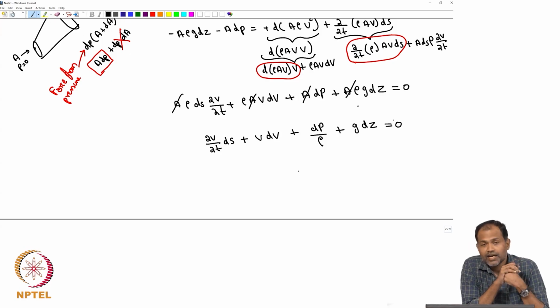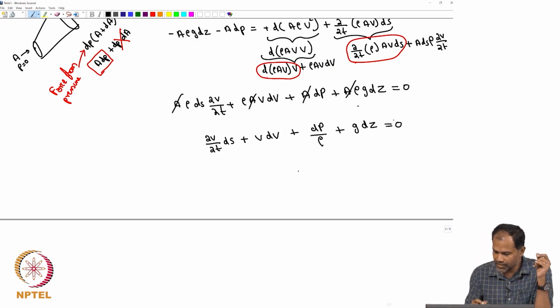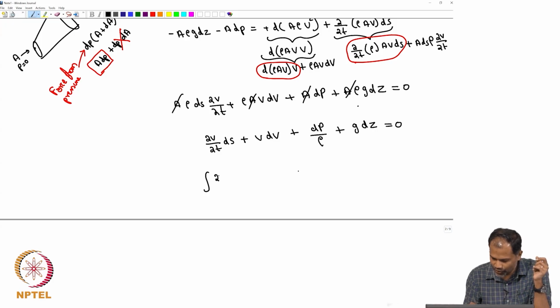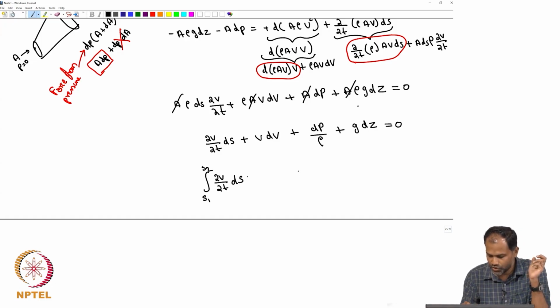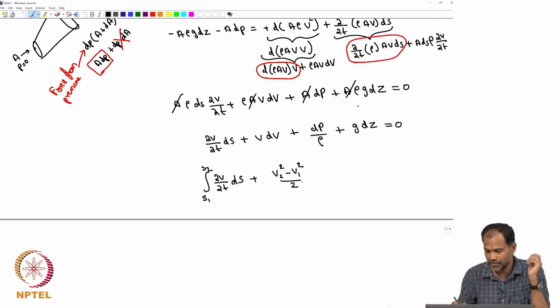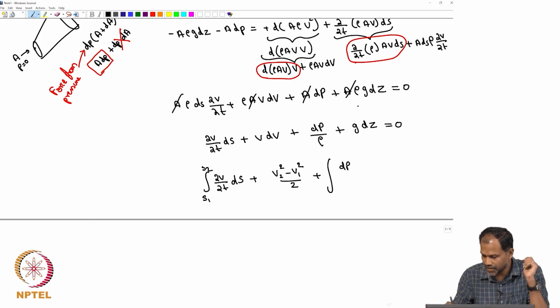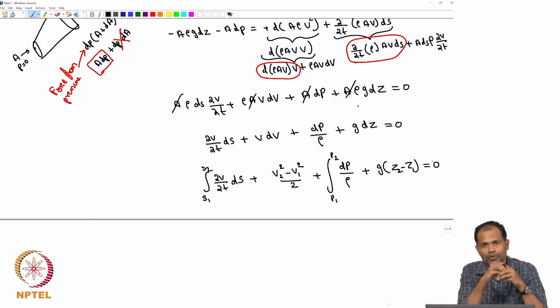So, this is really an unsteady Bernoulli's equation written in a differential form, or if I integrate it, then I could write it as ∂v/∂t ds integrated from some S1 to S2, plus v dv integrated, which is really (v2 square minus v1 square)/2, plus the integral of dp/ρ from p1 to p2, plus g times (z2 minus z1) is equal to 0. So, this is if I integrate from point 1 to point 2.